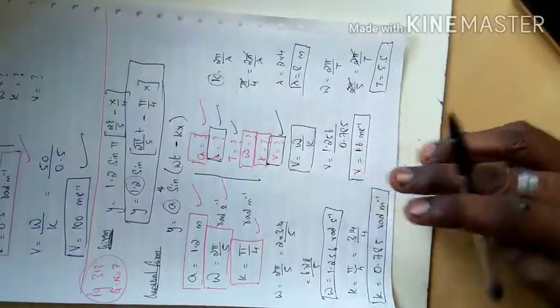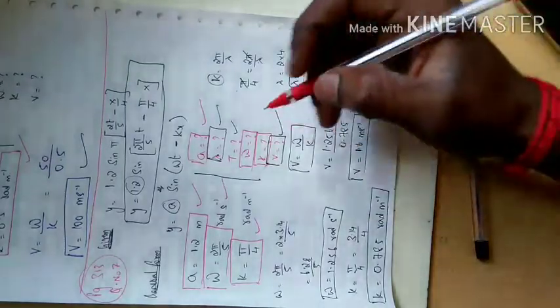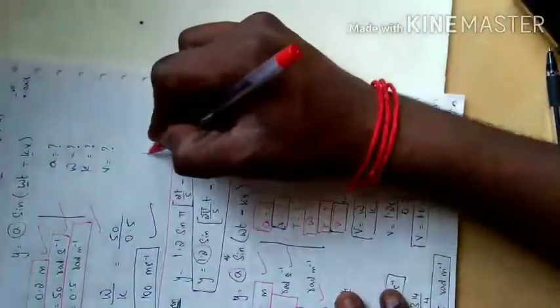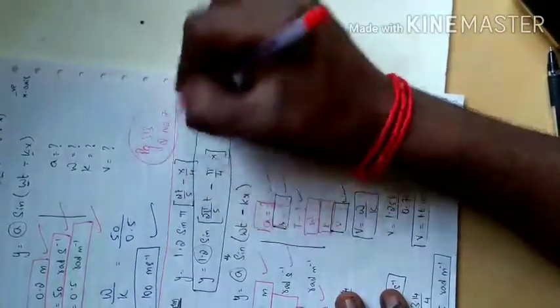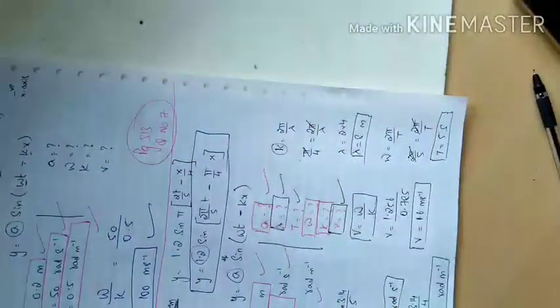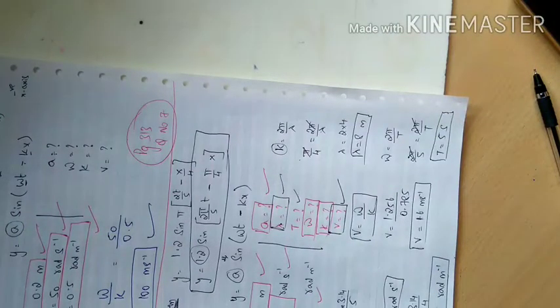Is that clear? I give you one problem as homework based on this method. Go to page number 313, question number 7. That question is homework for you. Just try to solve it. And one more question I will give you, which is a solved problem.